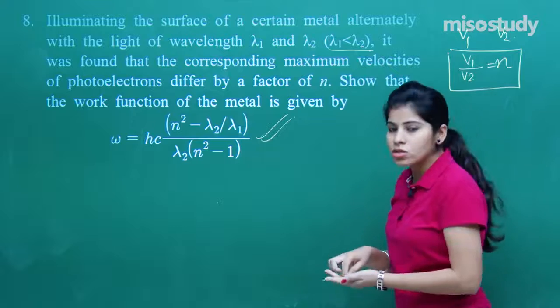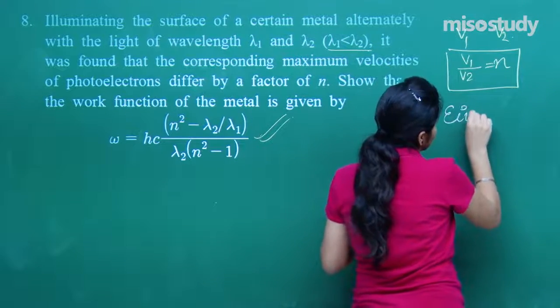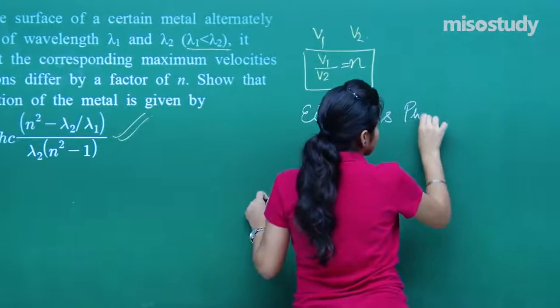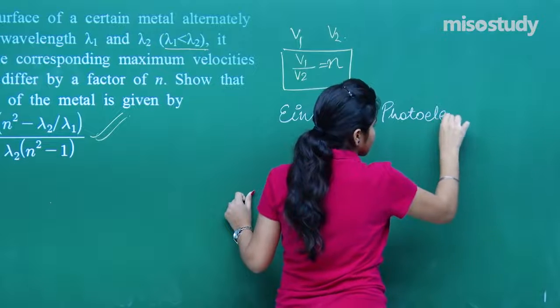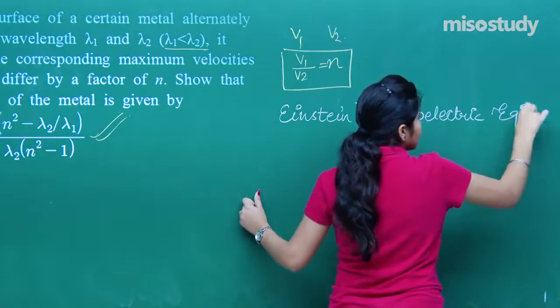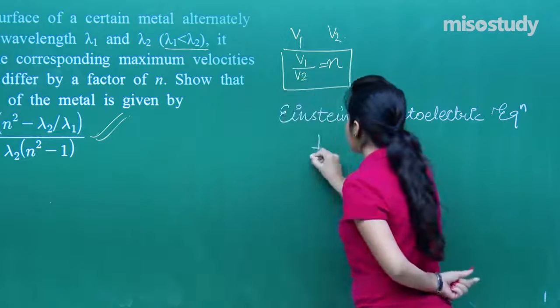Start doing the question, firstly using Einstein's photoelectric equation. In this chapter, this is the important equation. Without knowing this equation, it will be harder for you to understand.